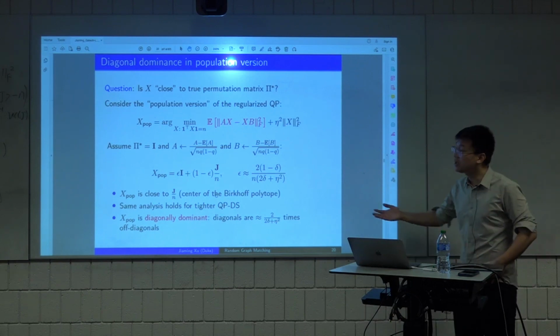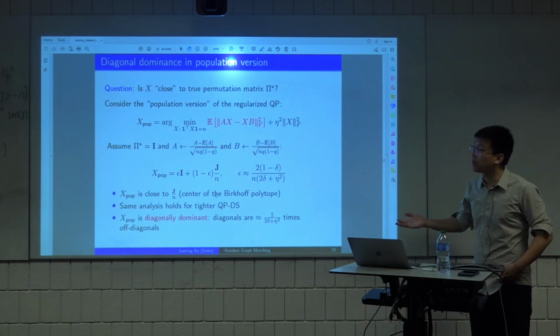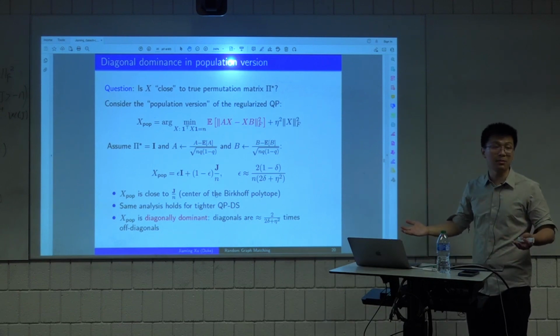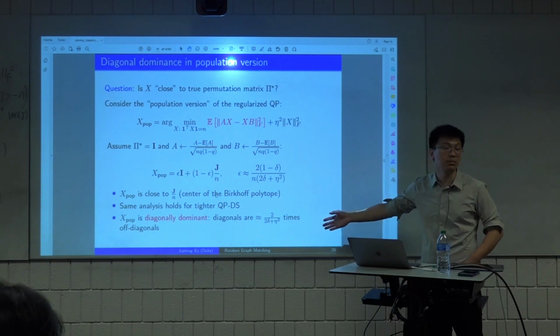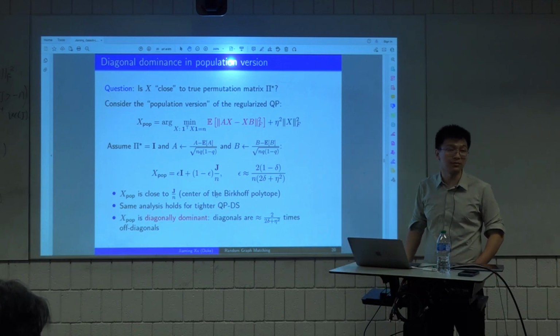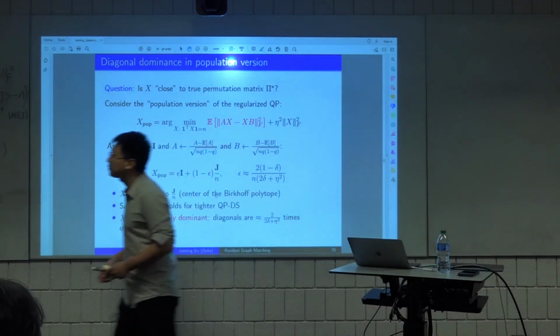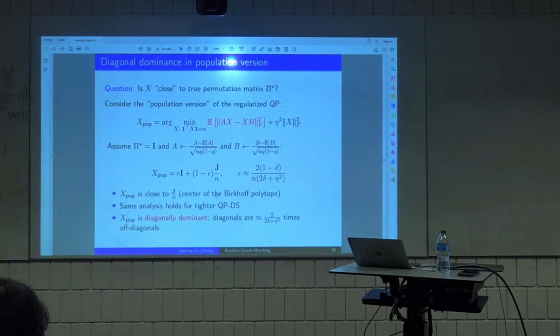Okay, so what does that mean? That means in this case, even though the population solutions are far, if I do a projection during the linear assignment, then this still can give me back the true permutation matrix pi star. Right? So in terms of picture, I don't know if you view this as like the Birkhoff polytope, right?